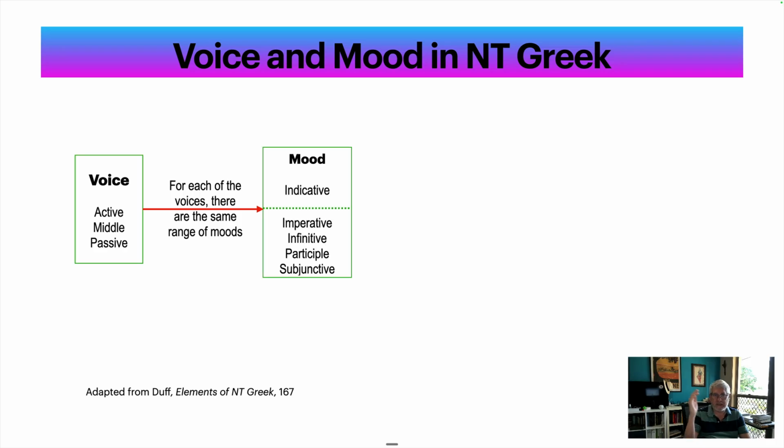So we can have indicative, which is the most common, but we can also have imperative and infinitive and participle and subjunctive. These are not describing what's actually happening in front of us, as it were, but they're other dimensions, a different relationship to reality, because they're expressing commands or wish or whatever.